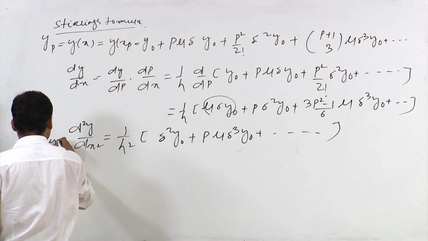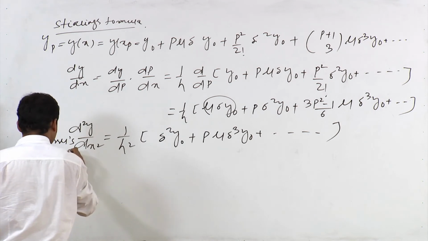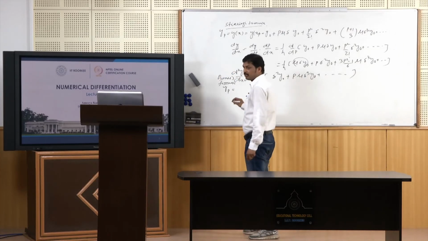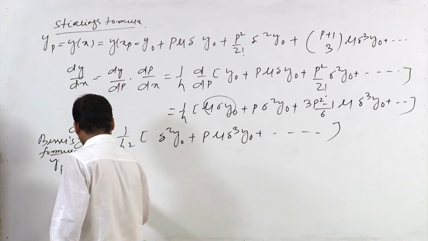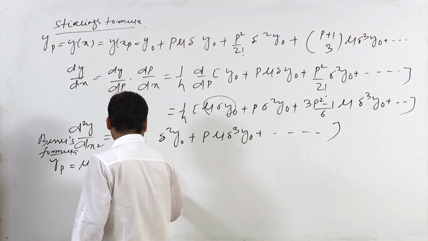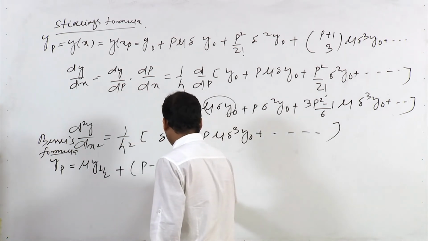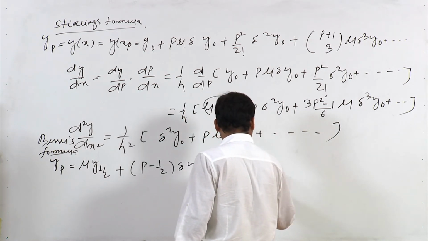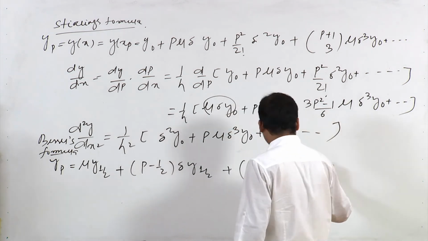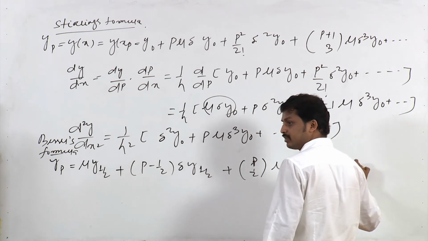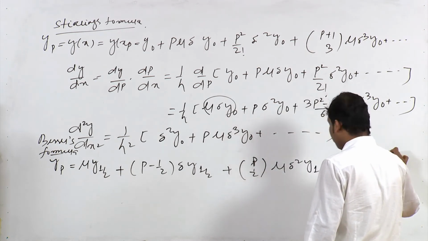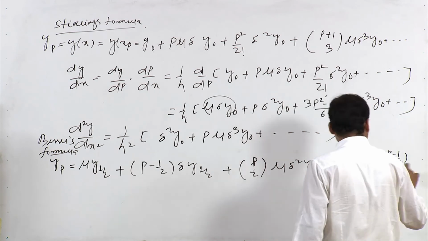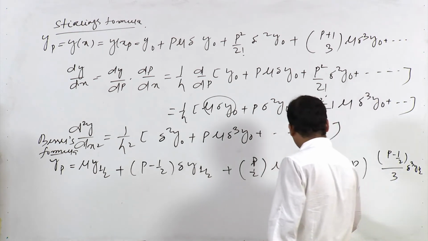For Bessel's formula, yp is written in the form mu y of half plus p minus half delta y of half plus p into p minus 1 by 2 factorial mu delta square y of half plus p into p minus half into p minus 1 by 3 factorial delta cube y of half here, plus all other terms.